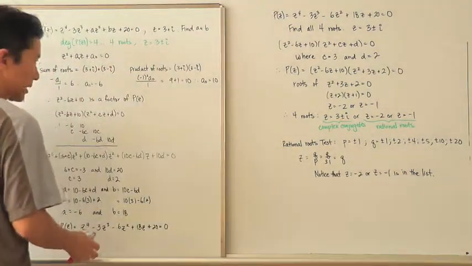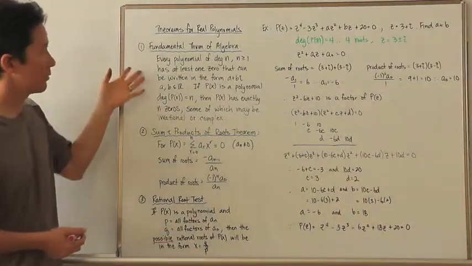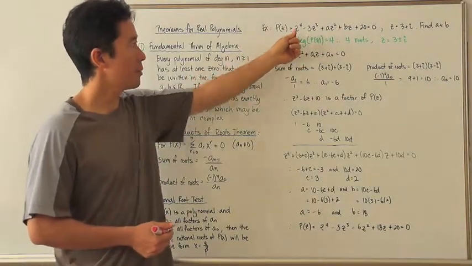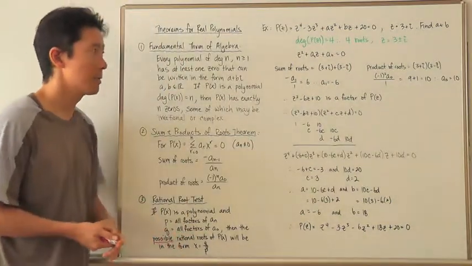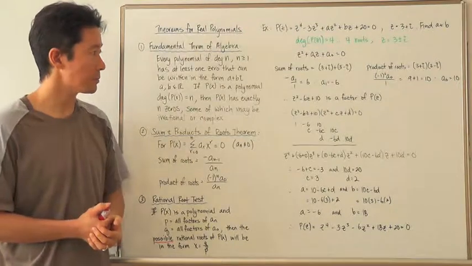Okay, let's go back to what we're dealing with here and summarize. Remember that the fundamental theorem of algebra tells you that the degree of your polynomial gives you how many roots you have. Some of them will be complex and some of them may or may not be real.